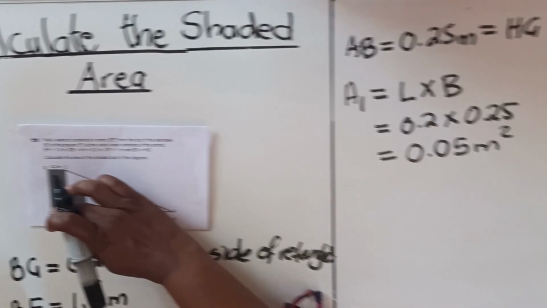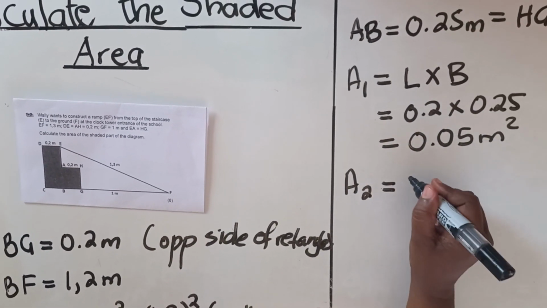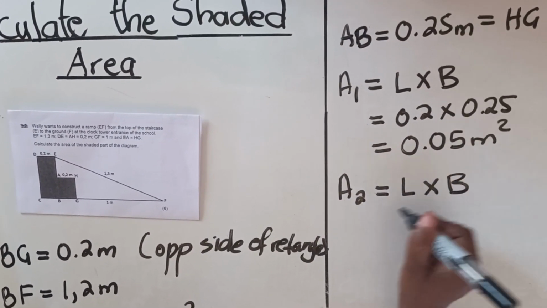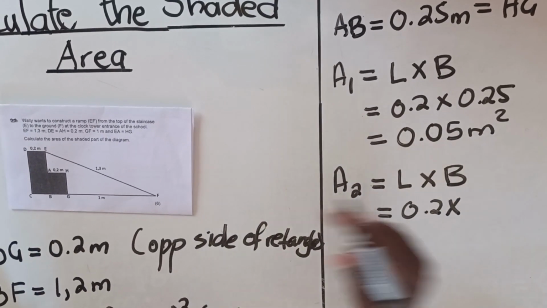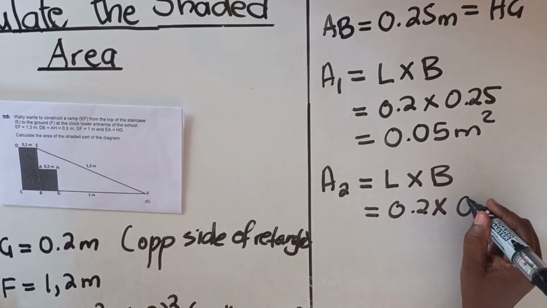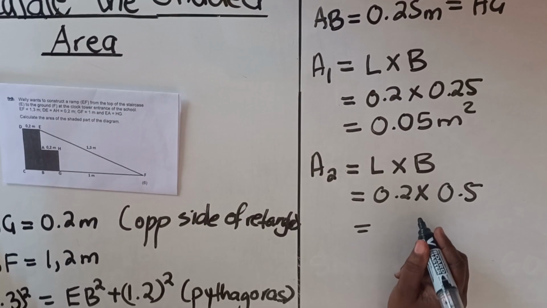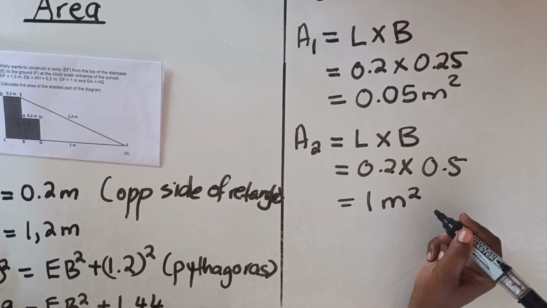Now I need to calculate the area of the bigger one, which we're going to call area 2, but it's also a rectangle, so it's length times breadth. The length there is 0.2, and the breadth is that whole line EB, which we calculated to be 0.5. 0.2 times 0.5, it's 1 meter square.